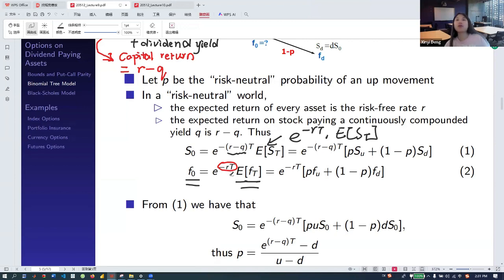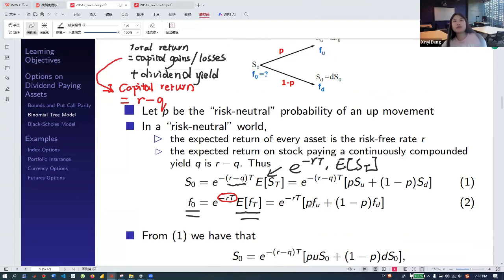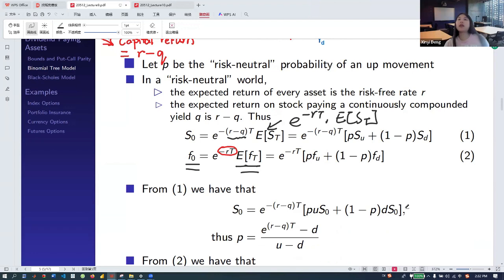We don't change it into R minus q, because the investment in the option itself doesn't generate any dividend yield. So its required return should remain the same. That's the only thing we changed, only for the first equation.